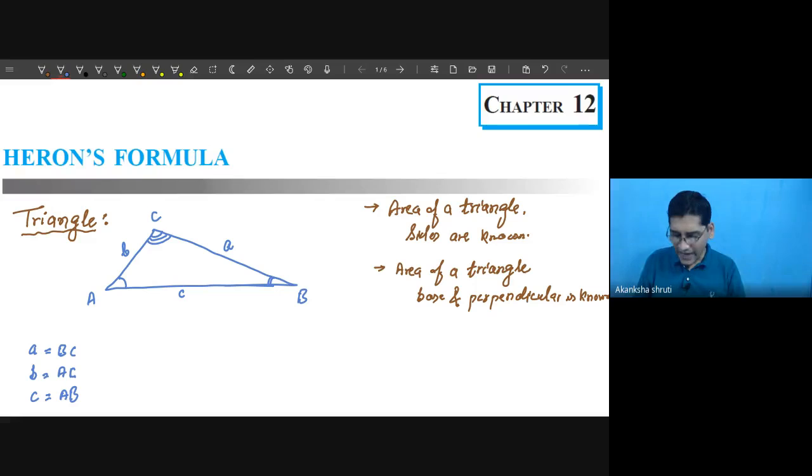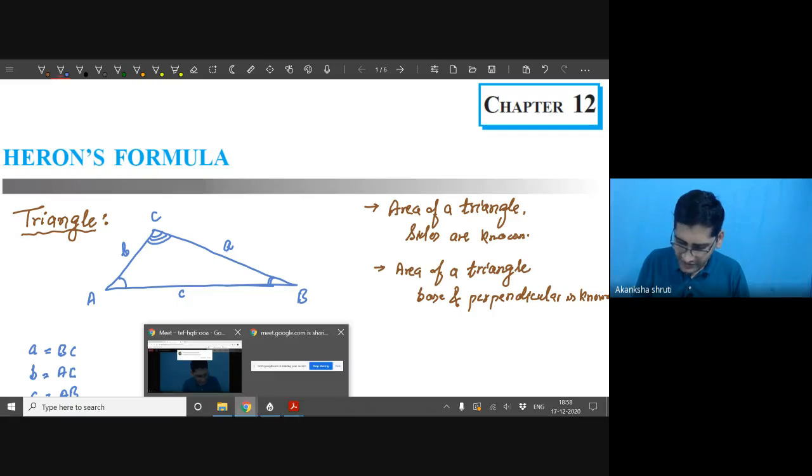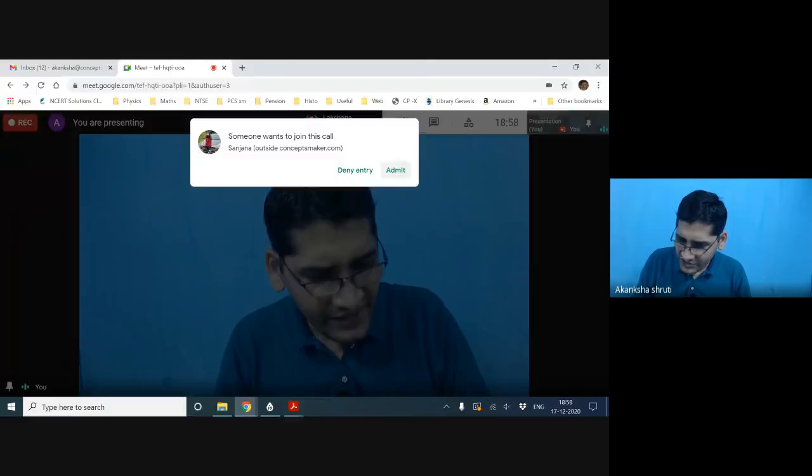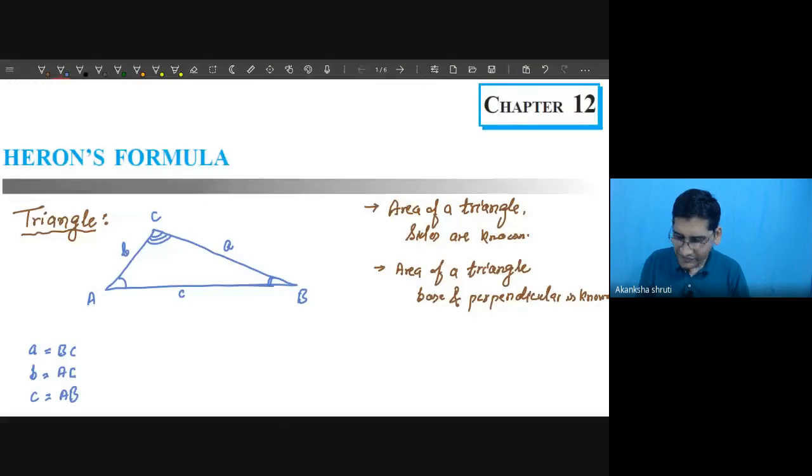So these are the side lengths known to us. Now we are interested in finding the area of this triangle. When the side lengths are known to us, then what is the area?